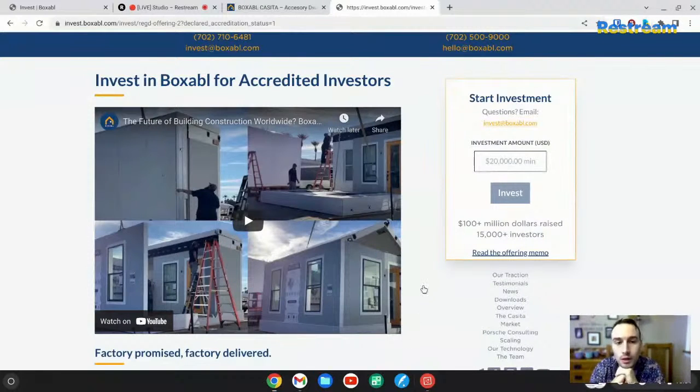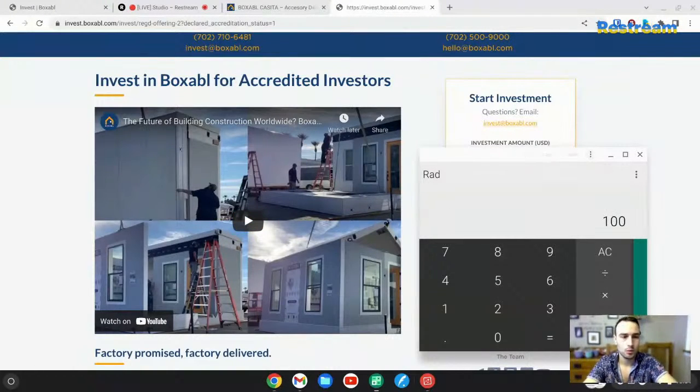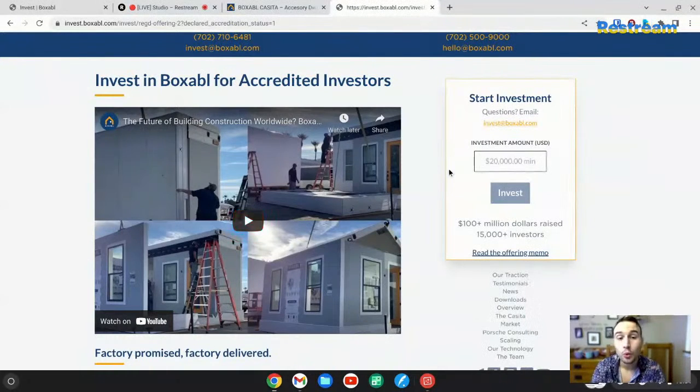Let's see. So that's 100 million divided by 15,000, which comes down to 100,000 divided by 15. Let's check my math here. 100 million divided by 15,000, less than 7K each, which is odd considering that they have a 20K minimum.